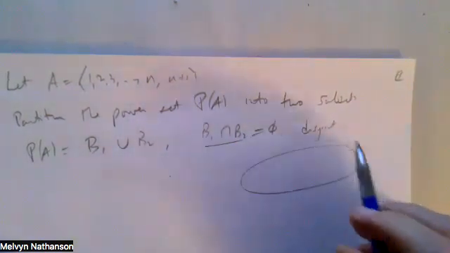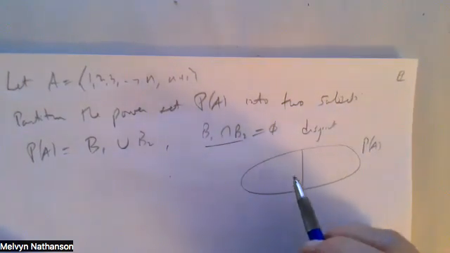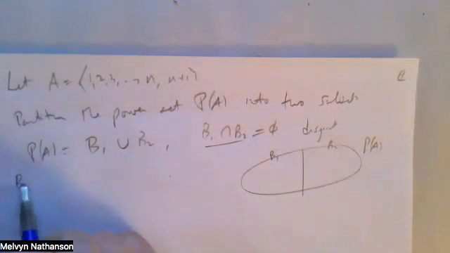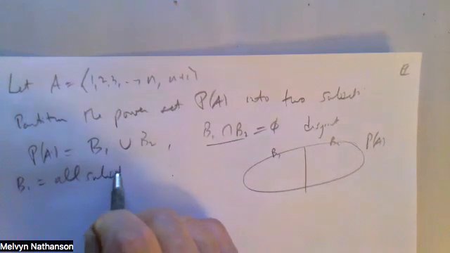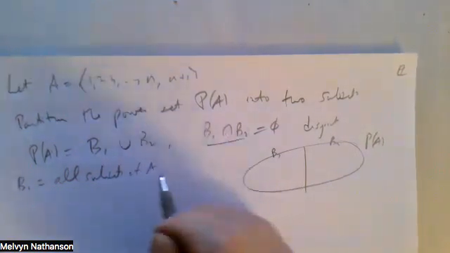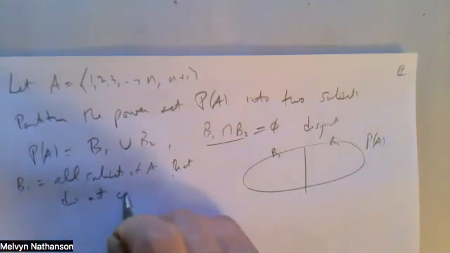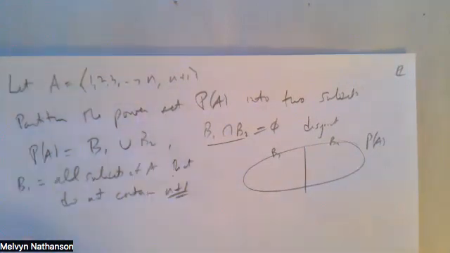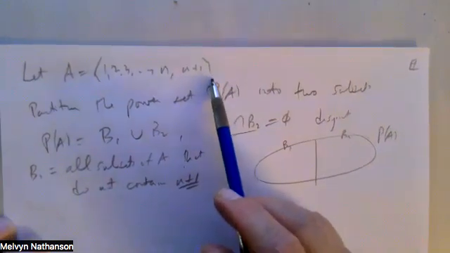So if this is P of A, I'm going to divide it into two pieces, B1 and B2. So B1 is going to be all subsets of A that do not contain the number n plus 1. If you take a subset of A, it may or may not contain n plus 1.